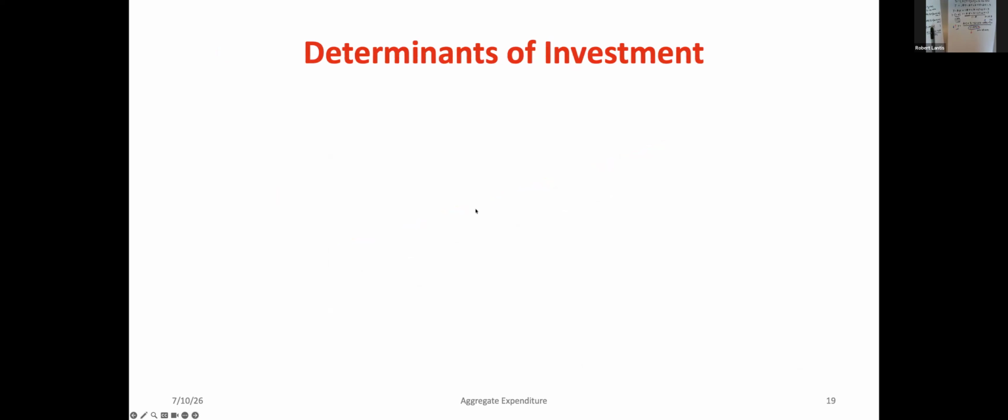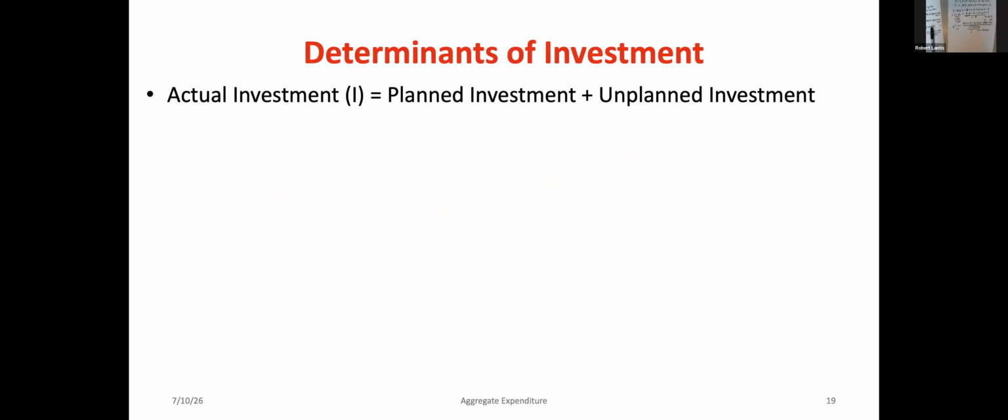Okay. So what if instead we were thinking about how consumption can change, but so can other factors that go into real GDP. Actual investment, or I, is going to be the planned investment plus unplanned investment. Unplanned investment is things like if inventories changed and we weren't expecting that, so I have more than I thought I was going to have.